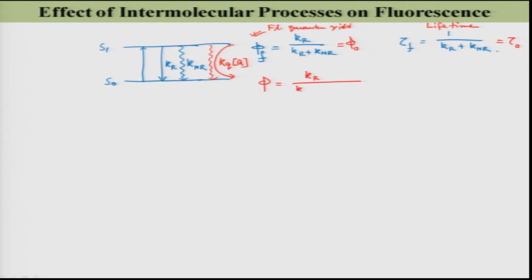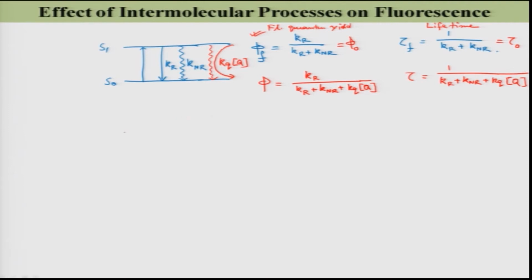So I write k_r plus k_nr plus k_q into Q in the denominator. Similarly, the lifetime is 1 over k_r plus k_nr plus k_q into Q.